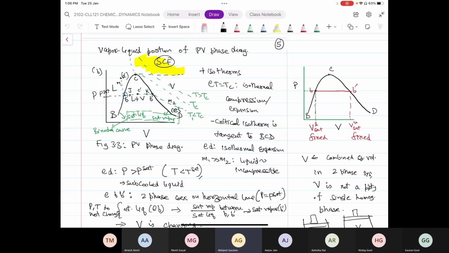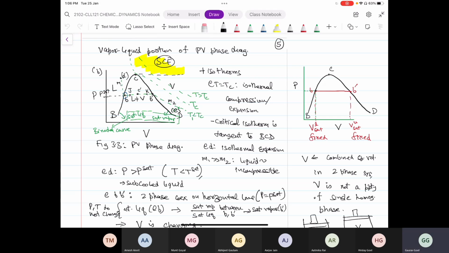From point B up to point B prime, the pressure has to be constant. That is the coexistence region where a saturated liquid is getting converted into saturated vapor, and it is a property of the pure species.